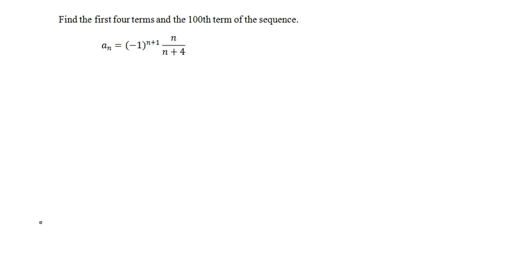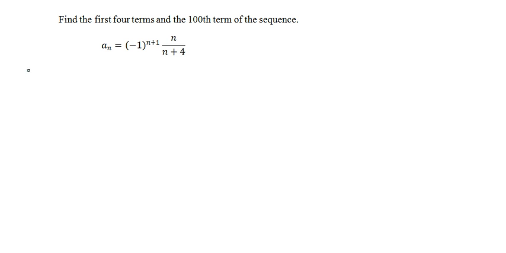Here we are going to find the first term and the 100th term of the sequence whose general term is a sub n equals negative 1 to the power n plus 1 times the quotient of n and the quantity n plus 4.